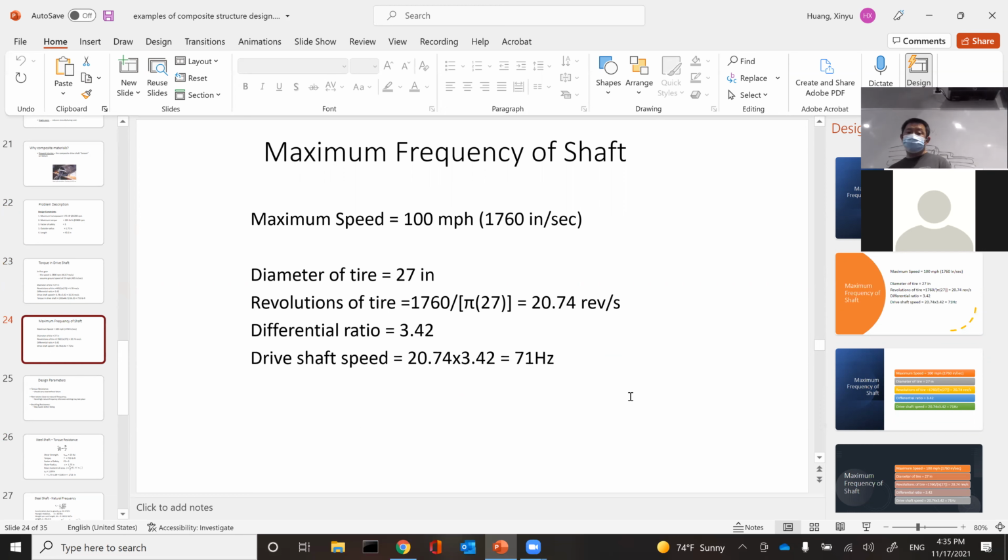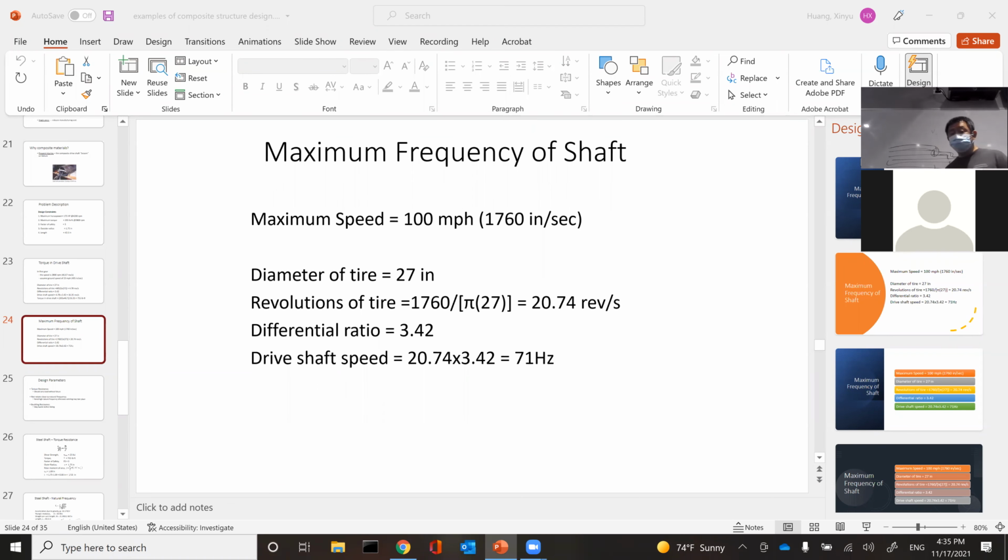So basically, what is the highest speed you need to turn the drive shaft? A simple calculation, assume the maximum speed of the car is 100 miles an hour. To achieve 100 miles an hour, what you need is 71 turns per second. At the highest speed, you turn your drive shaft at 71 turns per second.